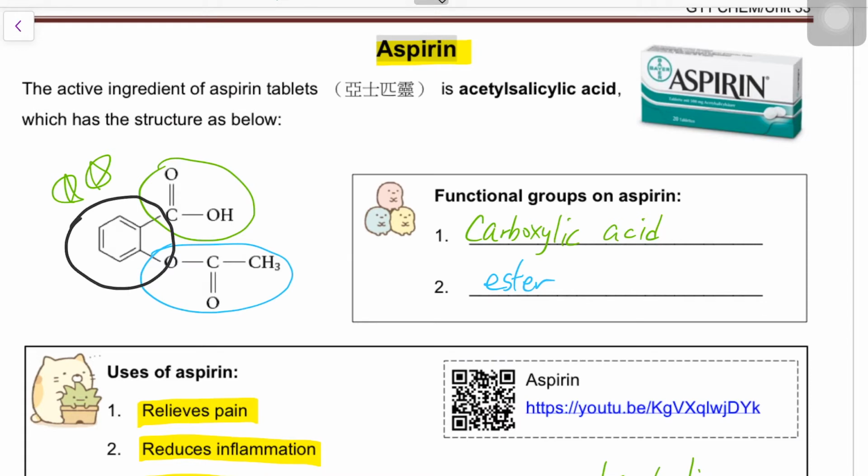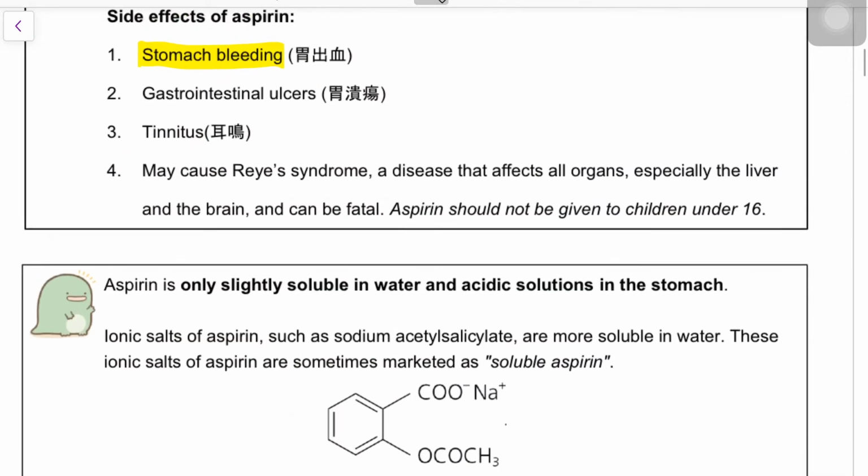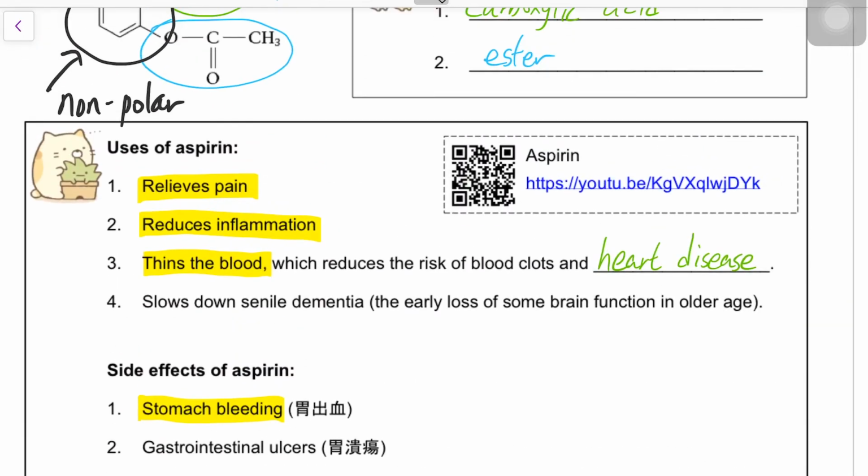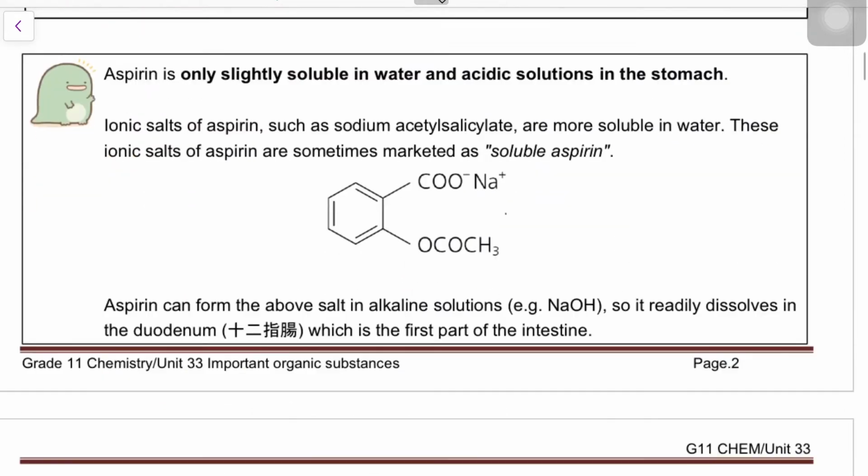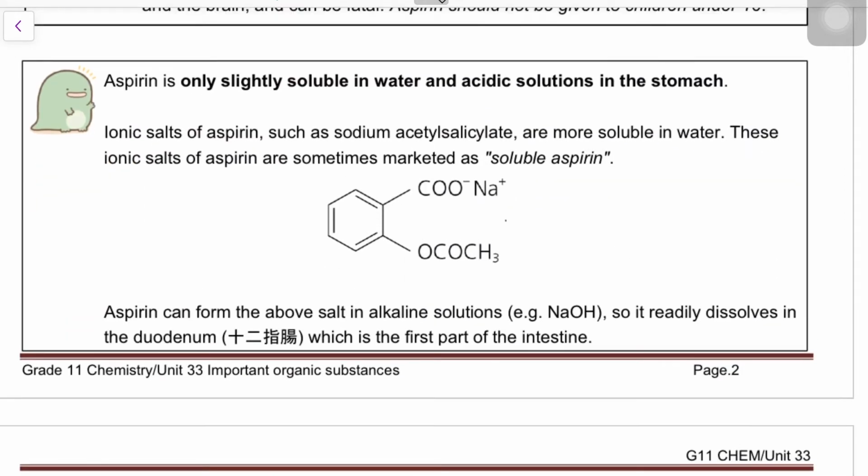This black circle is non-polar part. And you can see this is a benzene ring, contains 6 carbons. So because the non-polar part is so large, this reduces the solubility of aspirin, and hence scientists try to improve the solubility, because if the drug is more soluble, it will be absorbed by our body easier.